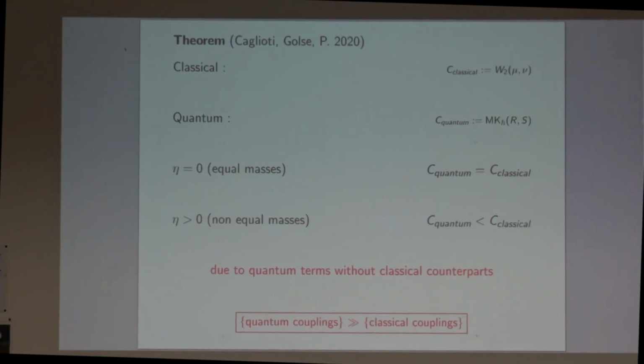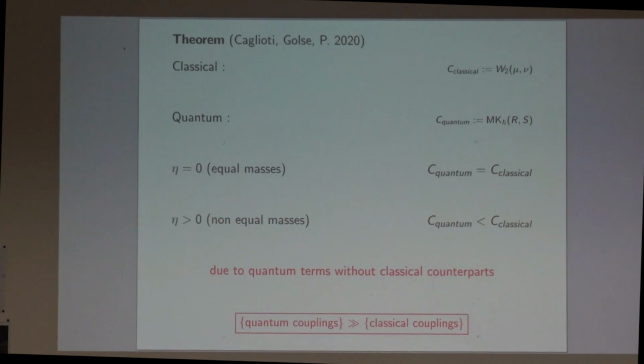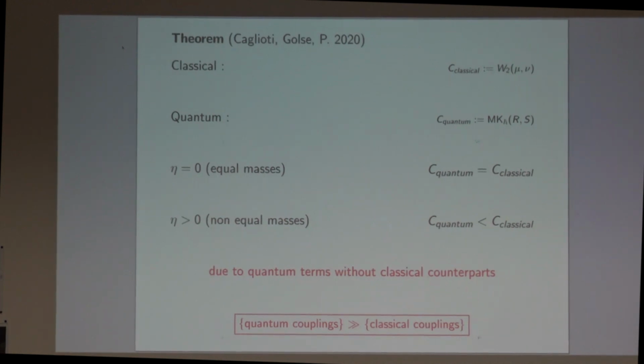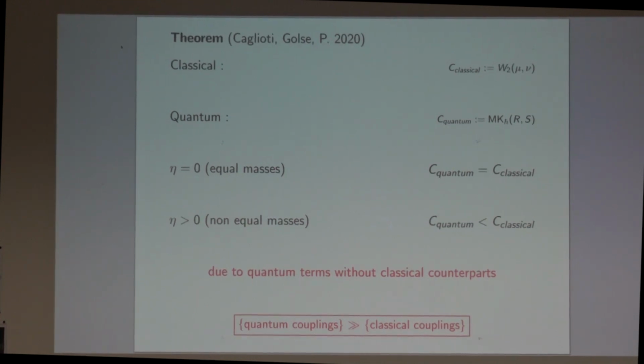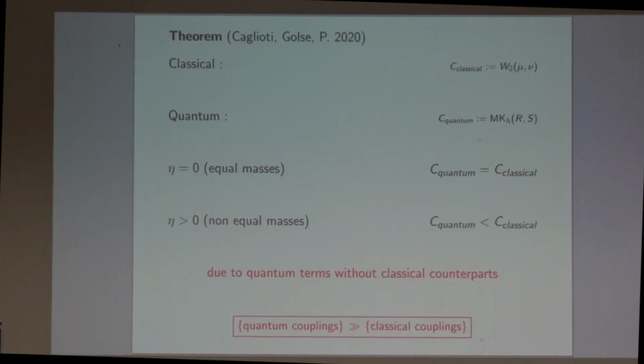It's a much, much larger space, as much larger as when you take the tensor product of two vector spaces, which is much bigger than the direct product of the two Hilbert spaces. All this story is related to entanglement. This is exactly the flavor of quantum mechanics, and since you have a bigger set of couplings and you take the infimum, of course the infimum has the possibility of being smaller.